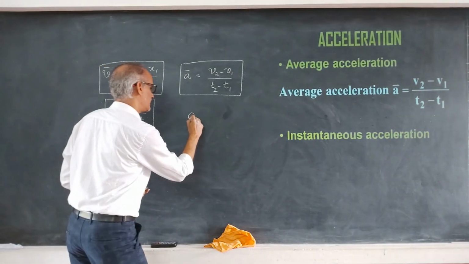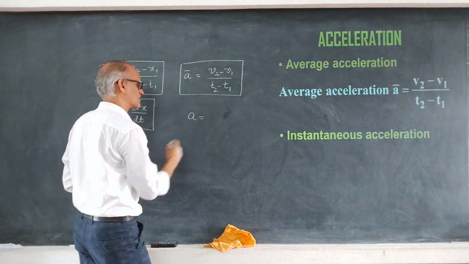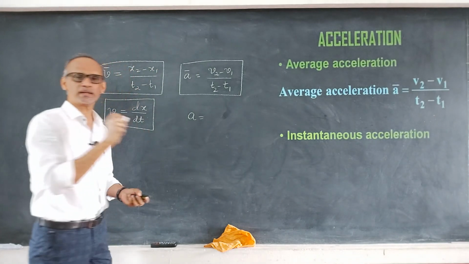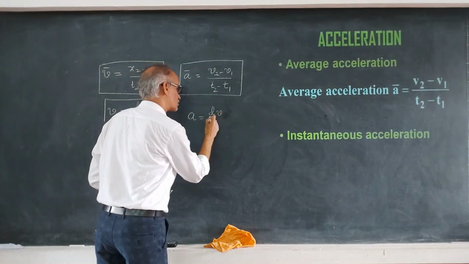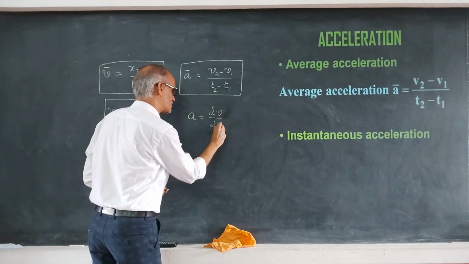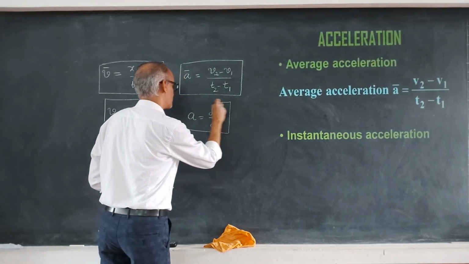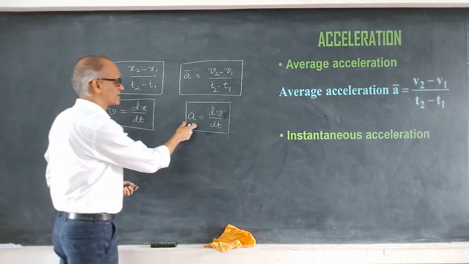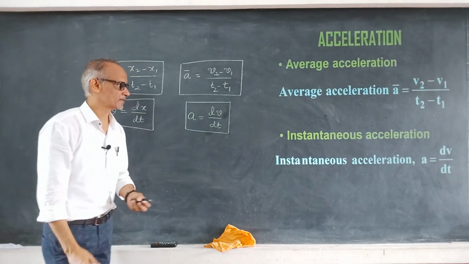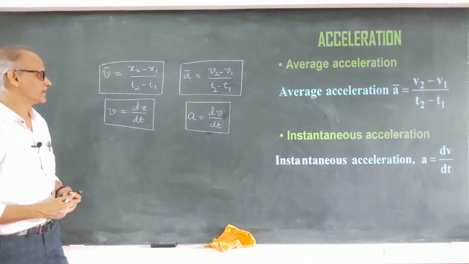And instantaneous acceleration is the acceleration of a body at a particular instant of time, which is given by a small change in the velocity to the corresponding change in time. So, v is equal to dx by dt, a is equal to dv by dt. That is how you get the formula.